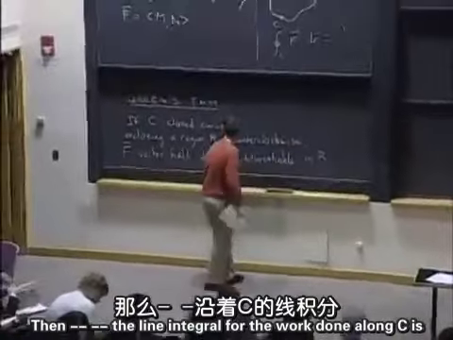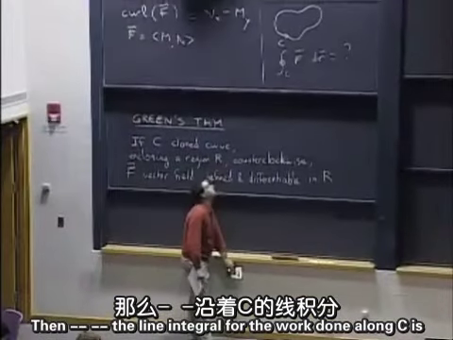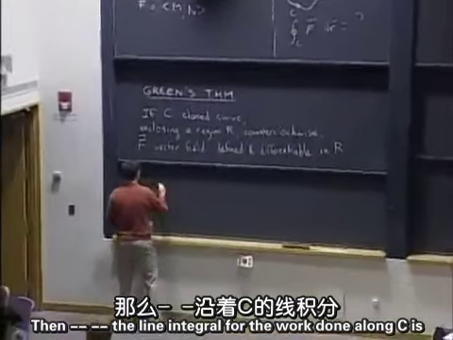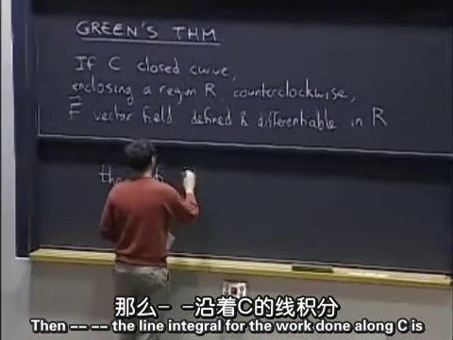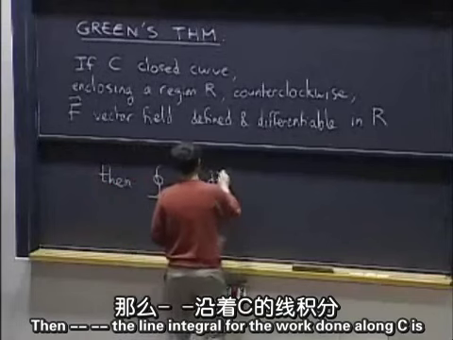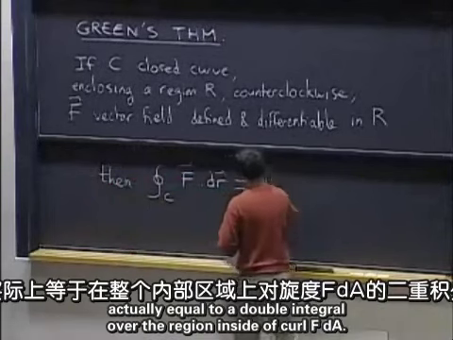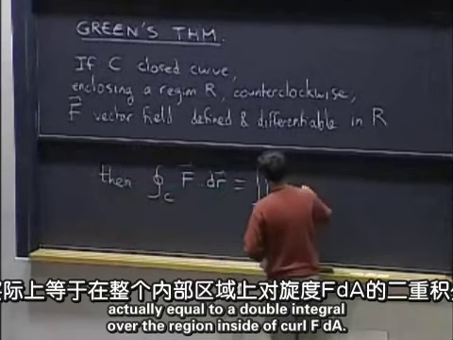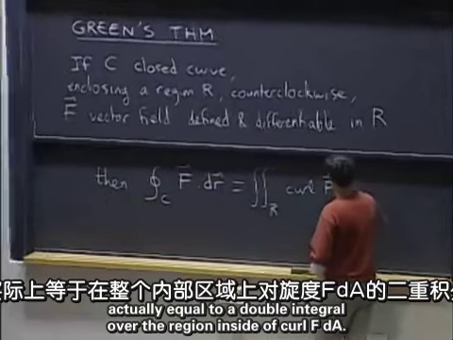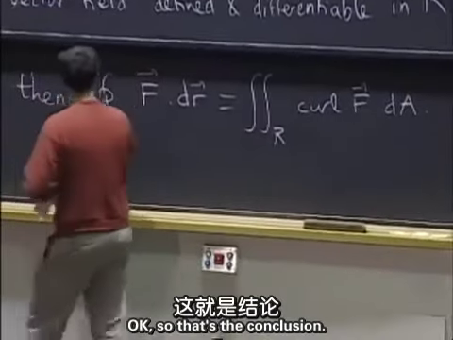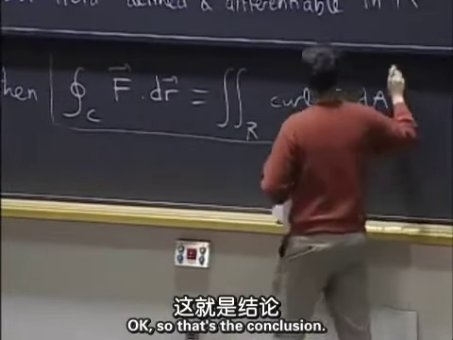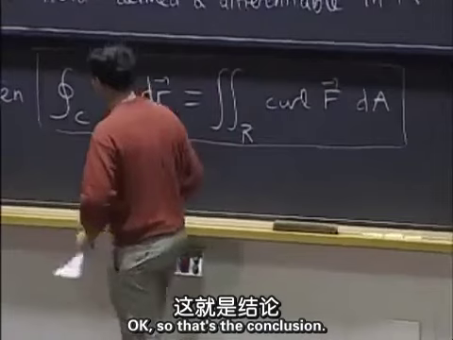then the line integral for the work done along C is actually equal to a double integral over the region inside of curl F dA. Okay, so that's the conclusion.